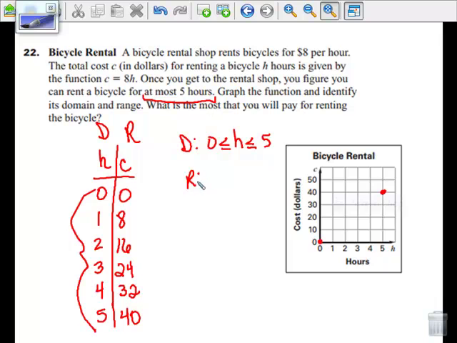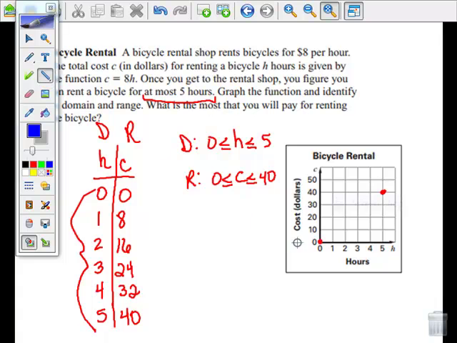And my range looks like the price is running from $0 to $40. So there's my range. And this will be, again, a segment. So there's my segment. And it says, what is the most that you will pay for renting this bicycle? $40 at most.